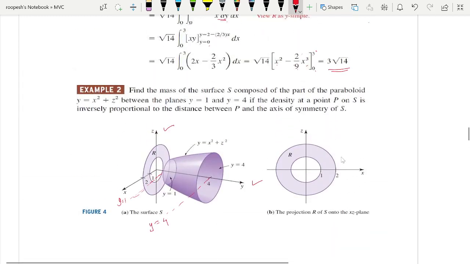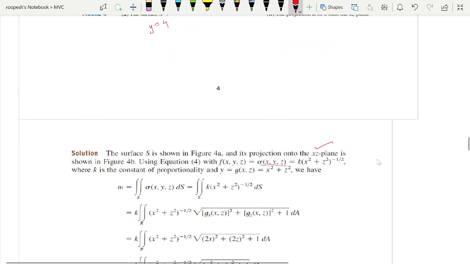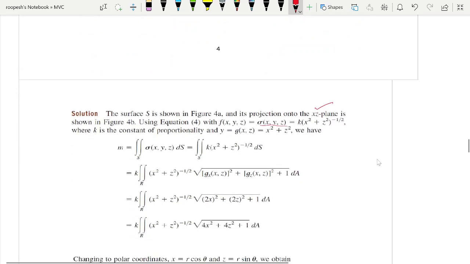See what's given in the statement: inversely proportional to the distance between P and the axis of symmetry of S. That means from P to this y-axis. So what is the distance connecting that point to the y-axis? It's nothing but x squared plus z squared, the whole thing raised to 1 by 2, right?